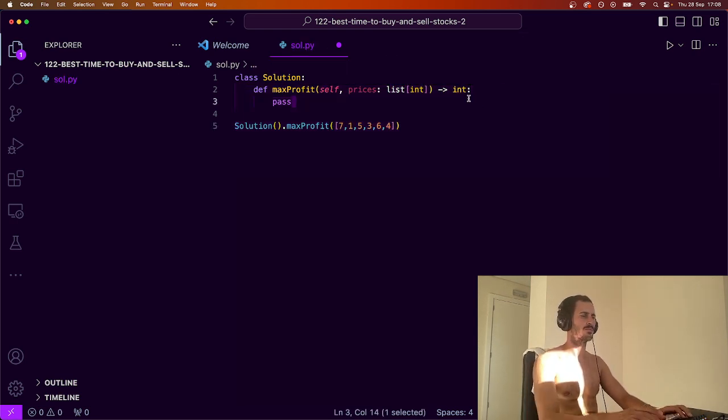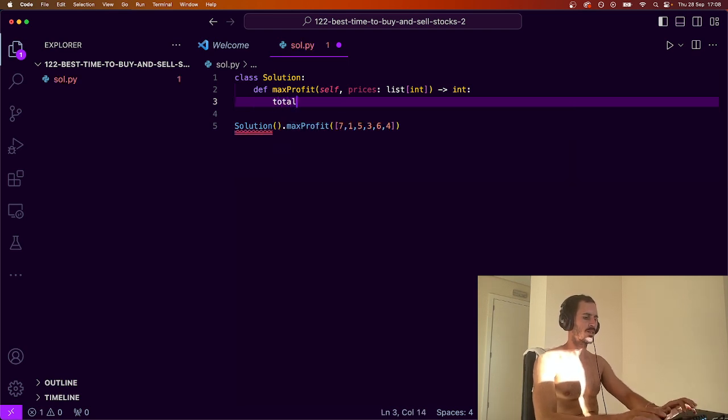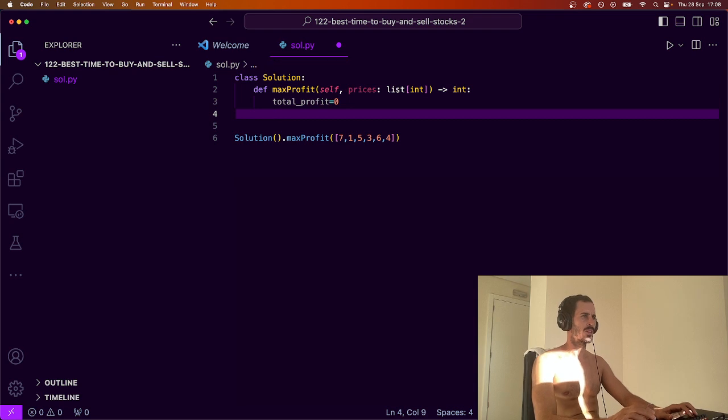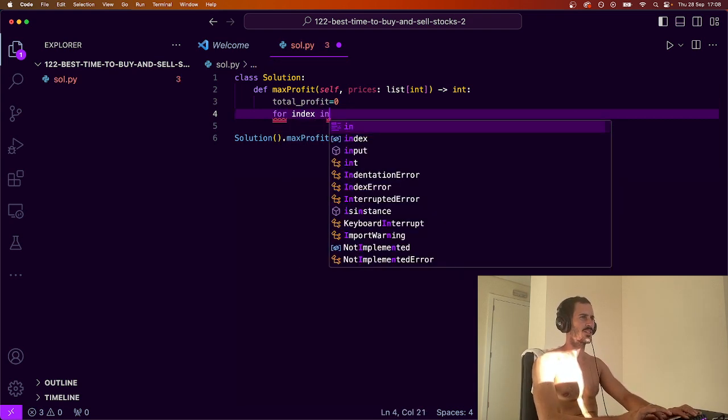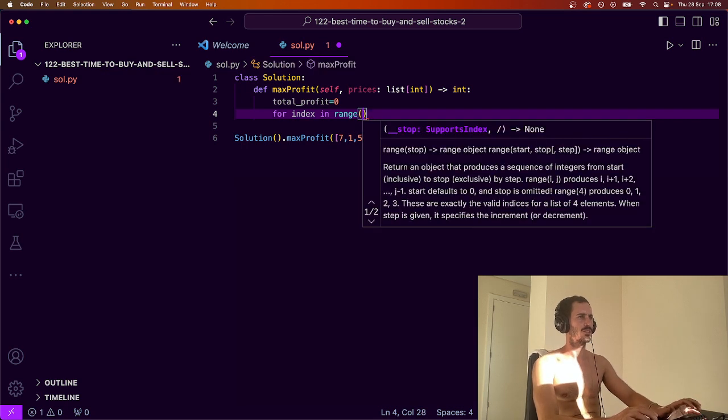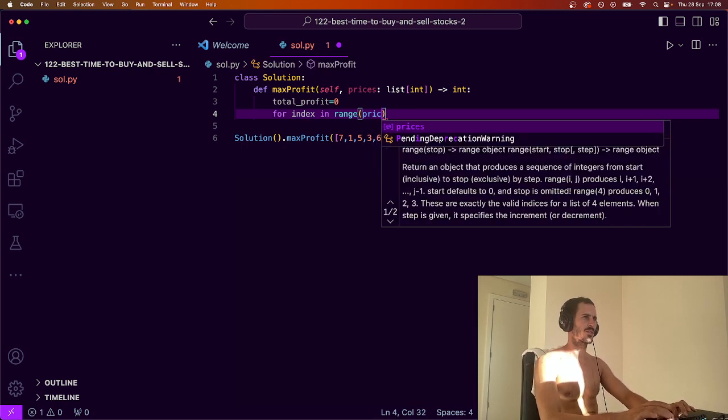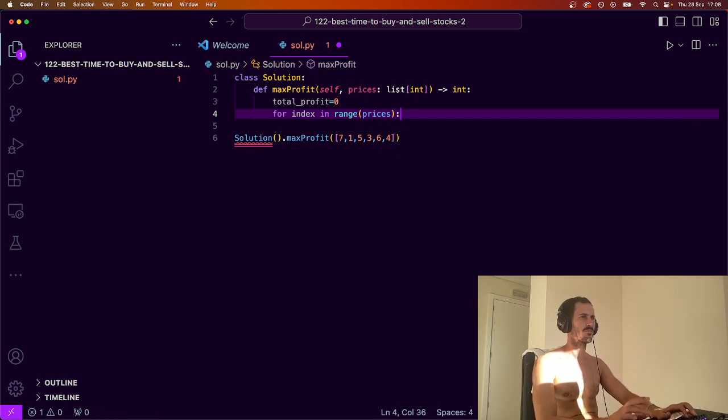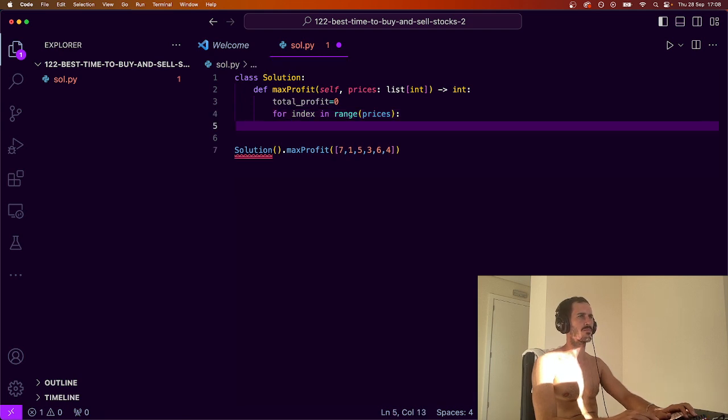Okay, so total profit, we start with 0. So for index in range prices, so if you guys know, it's basically buy low, sell high.